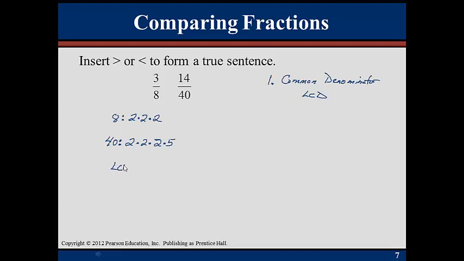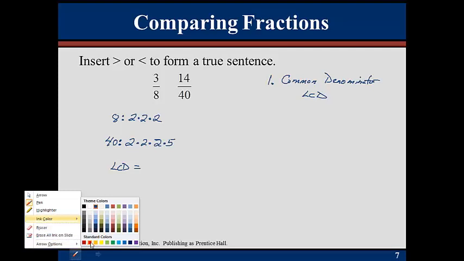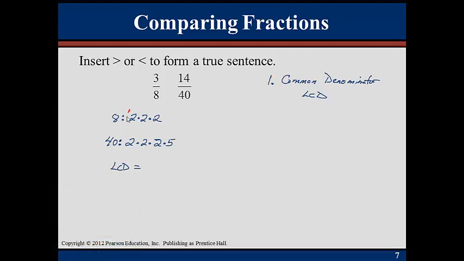So then the LCD is going to be the factors of the first, so 2 times 2 times 2, times the factors of the second that are not already in the list, so 5. So the LCD is just 40.